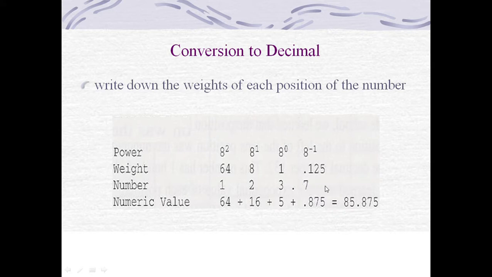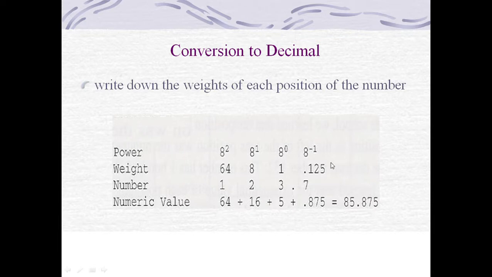If there would be more digits, then we would add more powers here, and then from these powers we can calculate the weights for each position. So these are the weights for the 4-digit number in base 8, and we can do the same for any other number with more digits after the decimal point or on the left hand side of the decimal point.